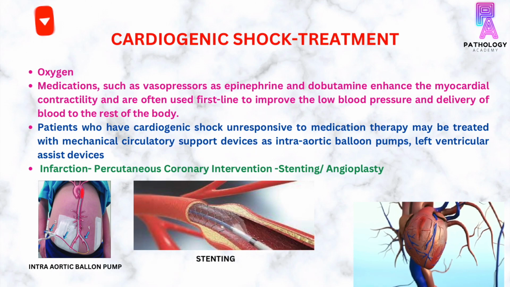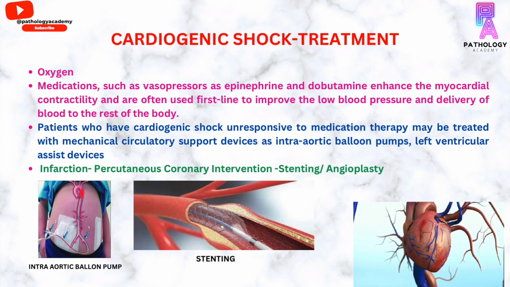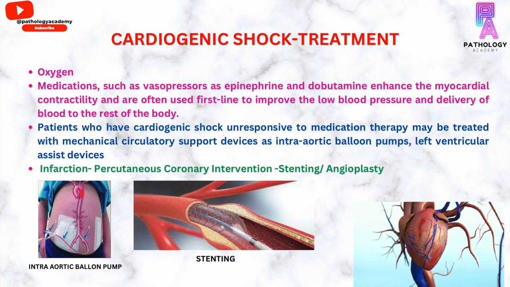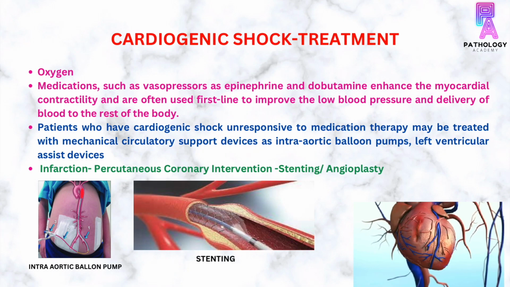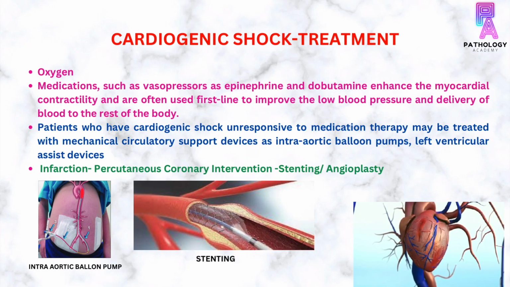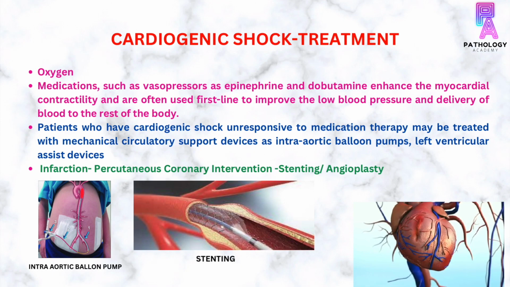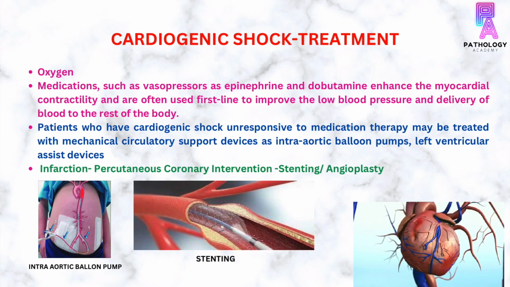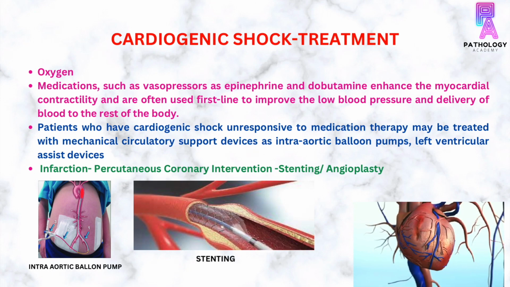Treatment of cardiogenic shock. Depending on the cause of cardiogenic shock, every patient's treatment depends on the underlying condition. Mostly the patients require oxygen, so they should be given oxygen. Medications such as vasopressors like epinephrine and dobutamine are given to enhance the myocardial contractility, and these are the first line drugs to improve the low blood pressure and delivery of blood to the rest of the body.